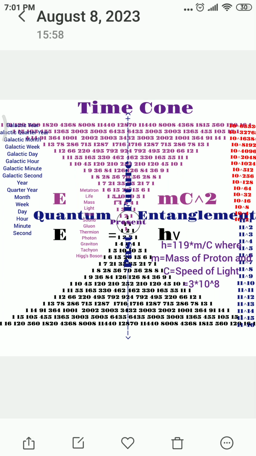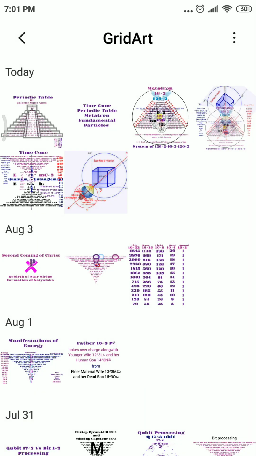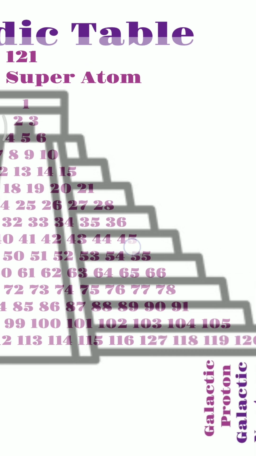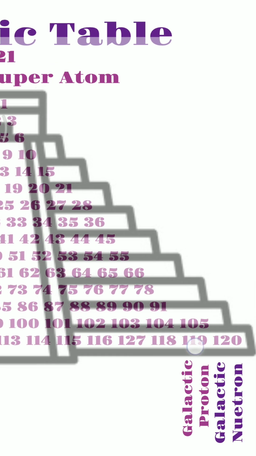That means this 119 is the element which actually divides into 3 into 10 raised to 8 particles. And that is the one photon. This becomes 3 into 10 raised to 8 particles, and one such particle will have the energy of Planck's constant.